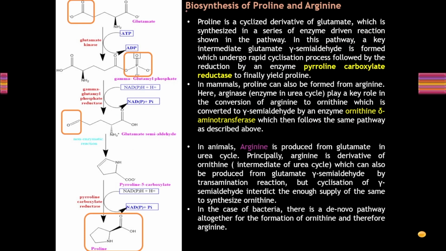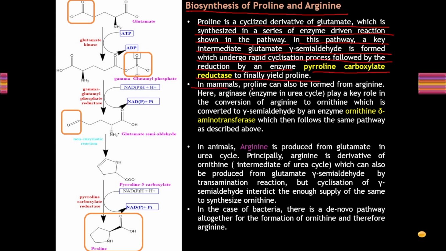Then we have the biosynthesis of proline and arginine. So proline is a cyclized derivative of glutamate, which is synthesized in a series of enzyme-catalyzed reactions shown in the pathway, right? This is the pathway for proline synthesis. In this pathway, a key intermediate, glutamate gamma-semialdehyde, is formed, which undergoes rapid cyclization followed by reduction by an enzyme called pyrroline carboxylate reductase to finally yield the proline.